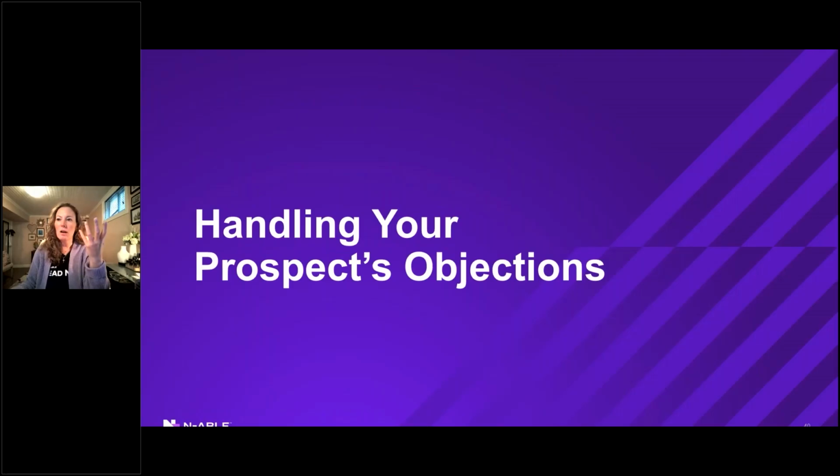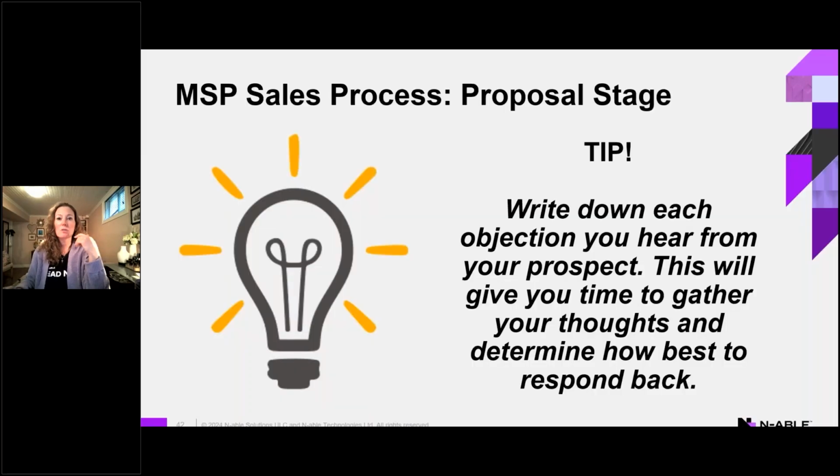So we want to talk about how you go about handling your prospects' objections, because we are going to hear them. Another tip that I wanted to offer, and I used to do this all the time when I was in sales for many years: whenever I heard a concern or got an objection from any of the partners I was speaking with, I would often write that objection down in my notebook.